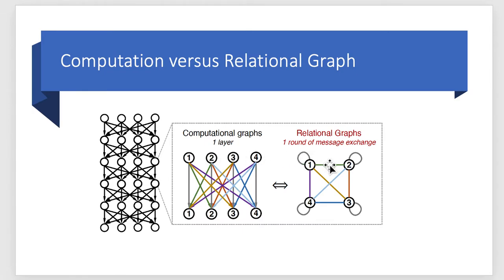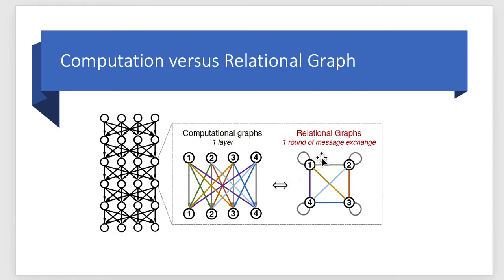For example, for node 1 in the computational graph, there's an input 1 and output 1, and hence in the relational graph, we have a self loop on 1 because we combine them together and their input and output are between itself.